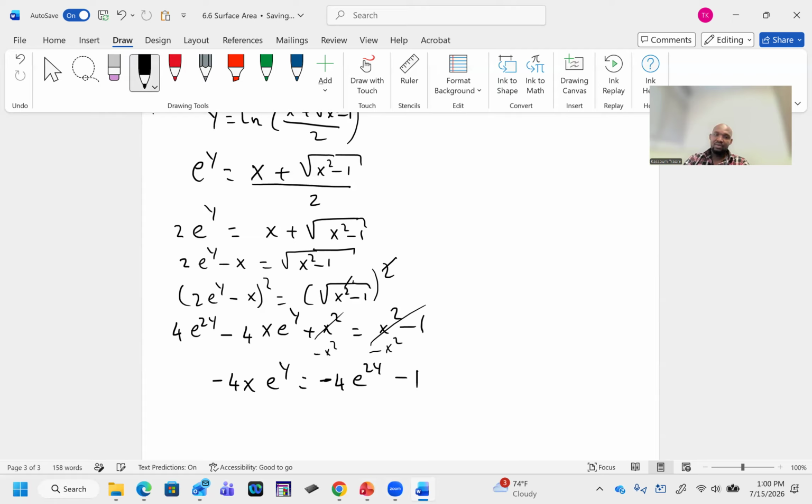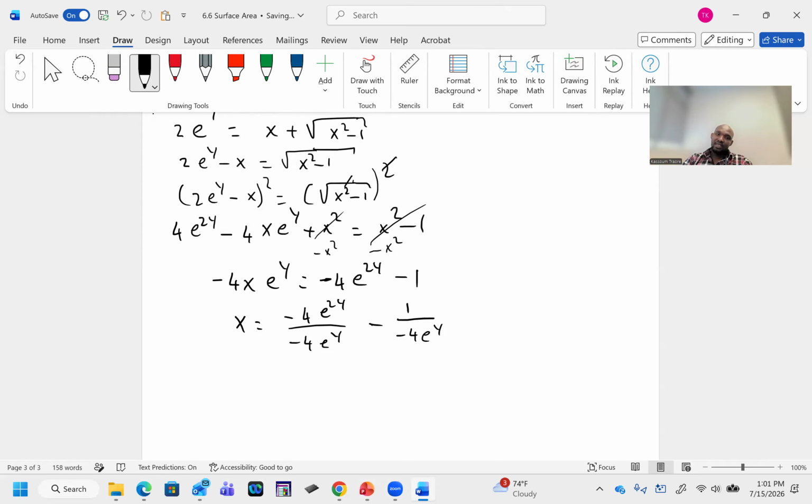So I'm going to divide both sides by negative 4e to the power of y. So x will be equal to negative 4e to the power of 2y divided by negative 4e to the power of y, minus 1 divided by negative 4e to the power of y.